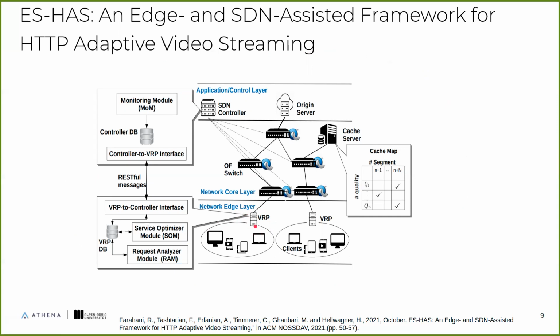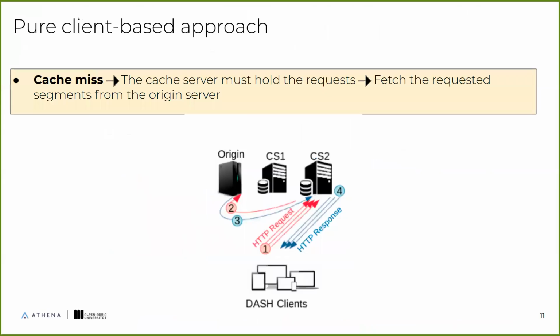Each virtual reverse proxy tries to collect some information from client side, cache occupancy from CDN side, and available bandwidth from SDN controller, and runs an optimization model to decide about the best place for fetching the requested quality. Specifically during the cache miss, we use a novelty called replacement quality as a better quality instead of fetching from the cache server. But let's talk about our motivation for CSDN.